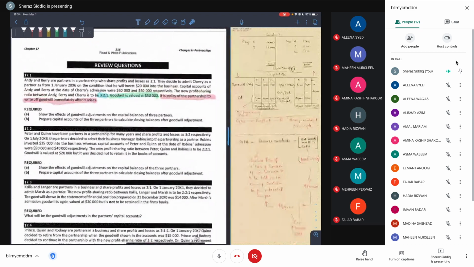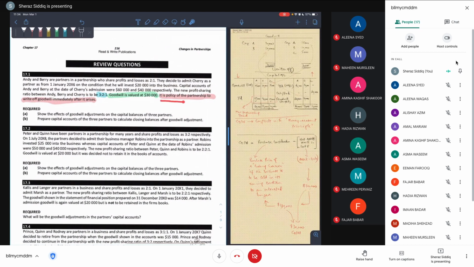And now if we take a look at the last statement of the question, it says it is the policy of the partnership to write off goodwill immediately after it arises, and that is how you do it, right? So you will see this in many different forms. अगले क्वेश्चन में अगर आप देखें तो उसने भी कहीं लिखा होगा goodwill is valued at $20,000. Now we know how we arrived at this $20,000. We must have done similar calculations, purchase considerations के साथ हमने net assets worth को compare किया होगा. So goodwill is valued at $20,000, but it was decided not to retain it in the books.